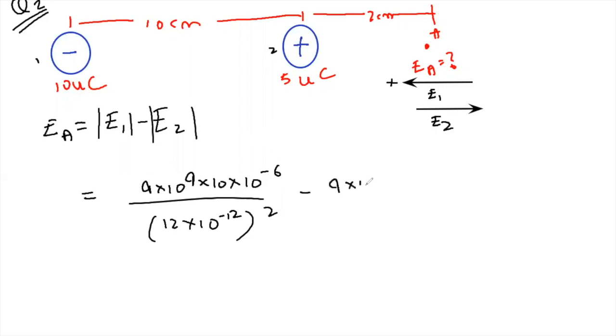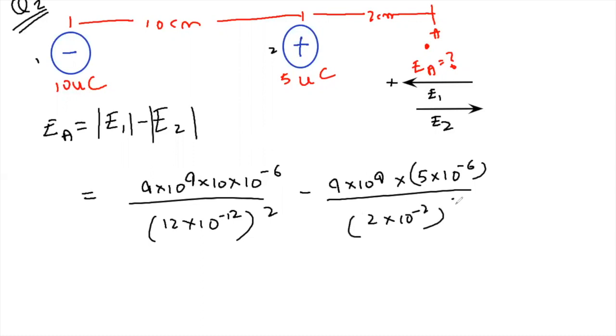So 9 into 10 raised to the power 9 into 5 into 10 raised to the power minus 6, and 2 into 10 raised to the power minus 2 squared. And yeah, you should get the answer. So I'm going to do the calculation on my calculator. You guys do on your calculator, and let's see what answer we get.